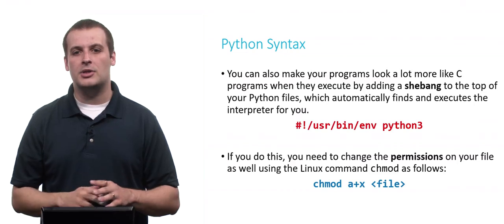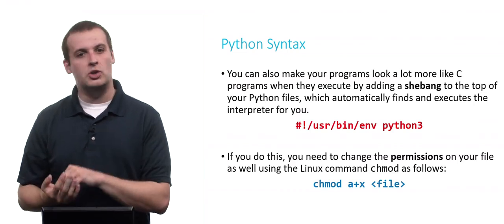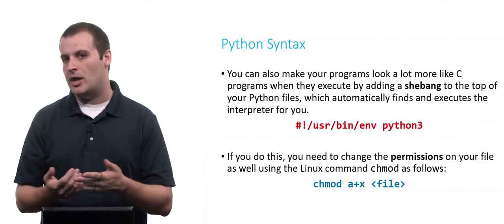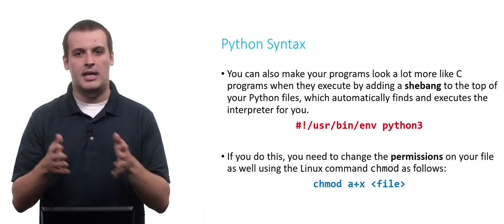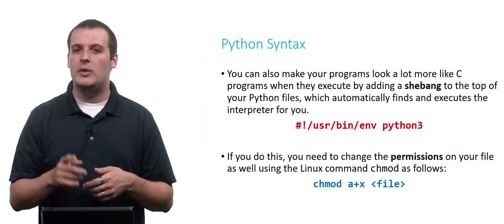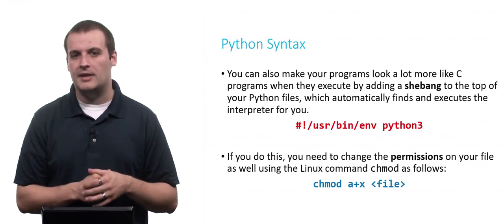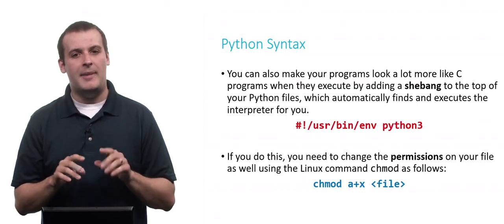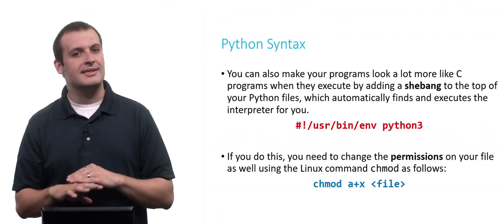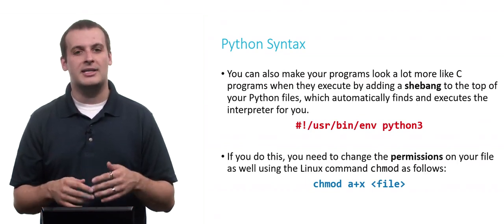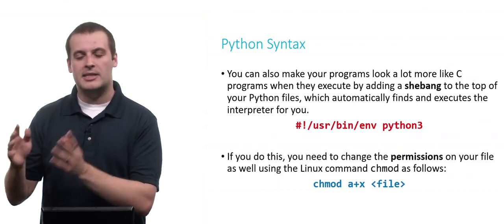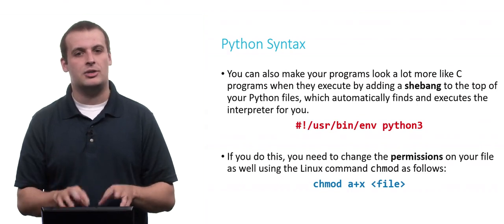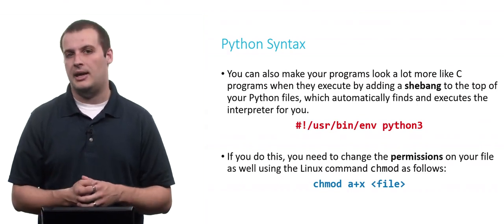And if you really want to make your Python programs look and run a lot more like C programs, for example, in C, once we compile a program into, say we make hello, we then have ./hello, we can include this line in red at the very top of our Python file, and then we can execute the line in blue after we're done saving the file. And then we can actually, instead of typing python and then whatever we want to call it .py, just write ./ blah, blah, blah .py.